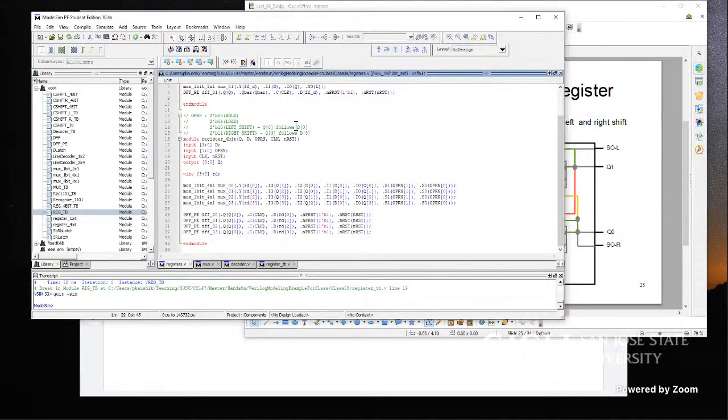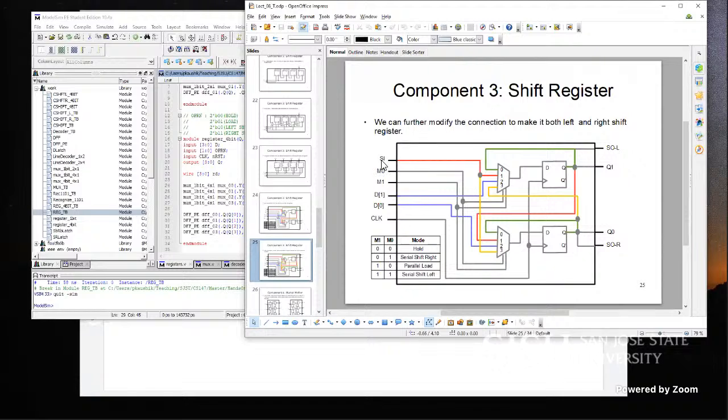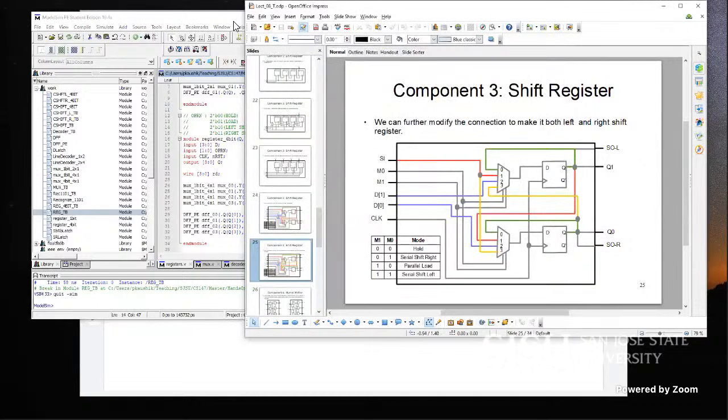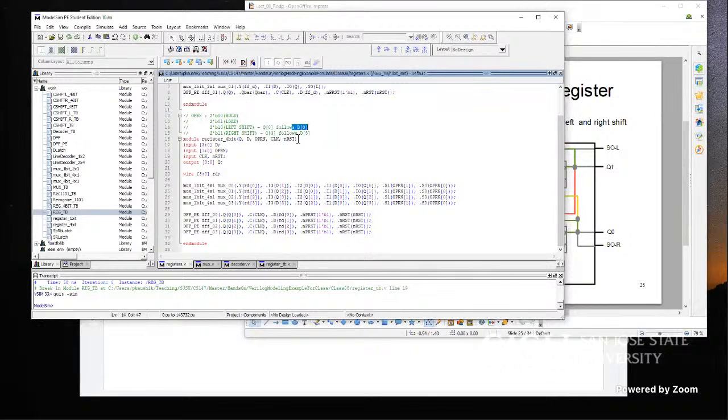And functionality wise, by the way, it doesn't have the specific scan in per se, but for the left shift and right shift operation, this Q0 follows the D0, as if D0 in this case acts as a scan in, SI input, in this specific component that I defined here. And for the right shift operation, Q3, the MSB, follows the D3.